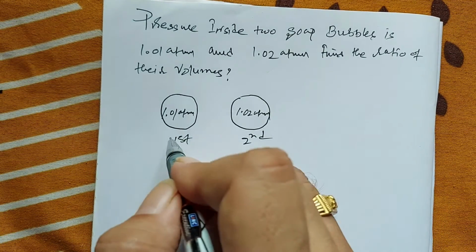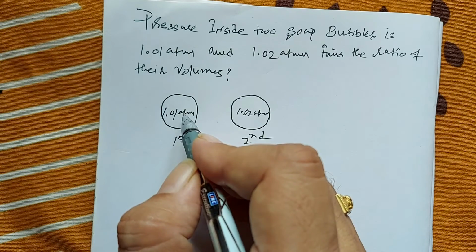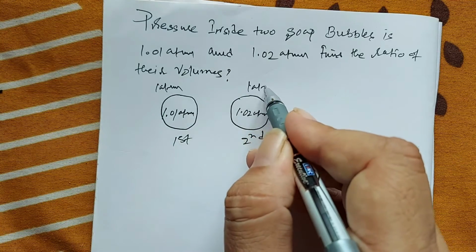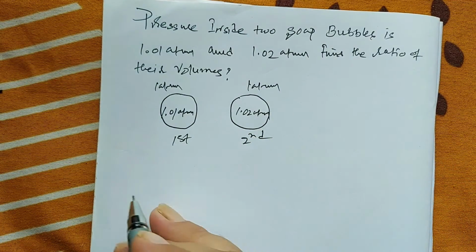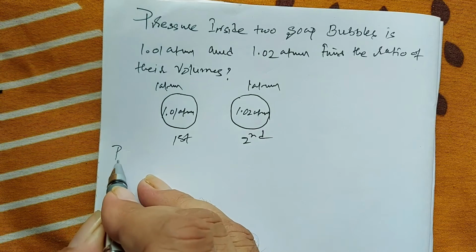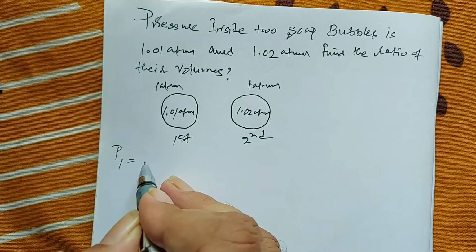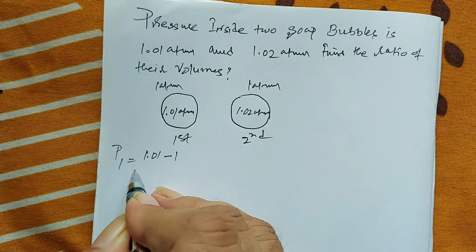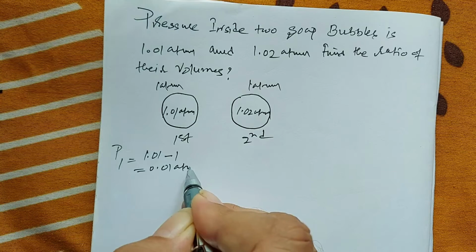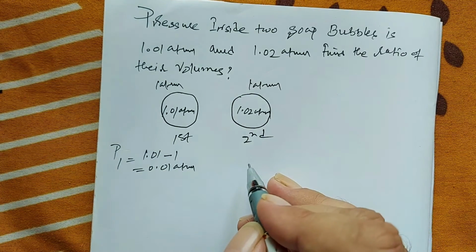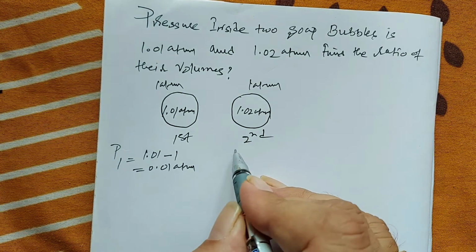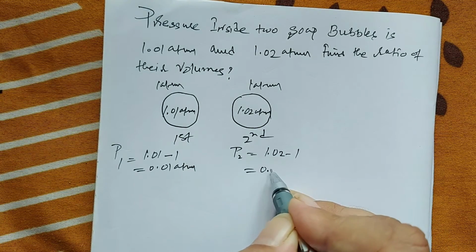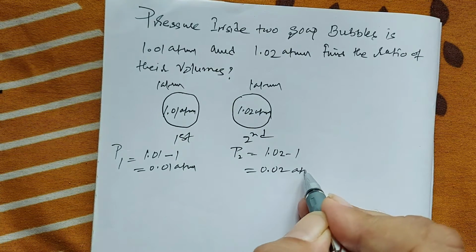What is the pressure outside the first bubble? 1 atmosphere pressure. This is also 1 atmosphere pressure. So excess pressure inside the first bubble is P1 equal to 1.01 minus 1, that is equal to 0.01 atmosphere. Excess pressure inside the second bubble, P2 is equal to 1.02 minus 1, that is equal to 0.02 atmosphere.